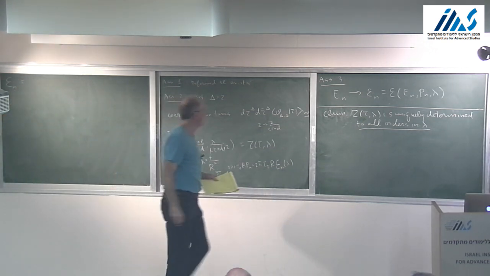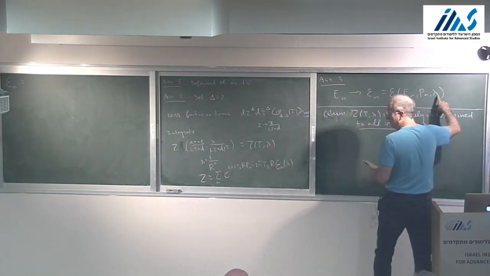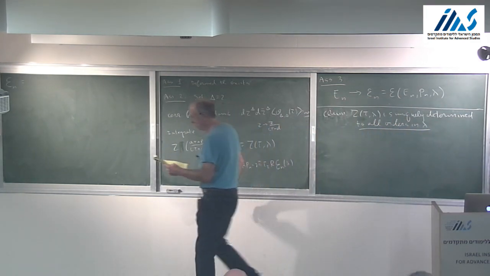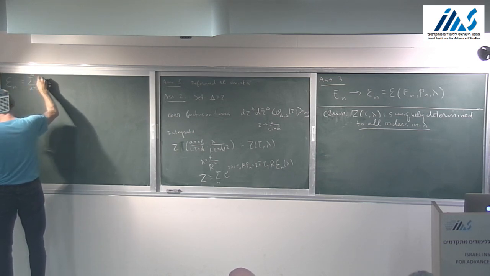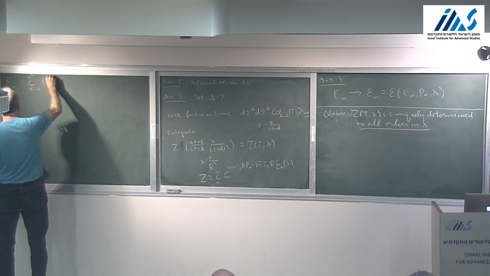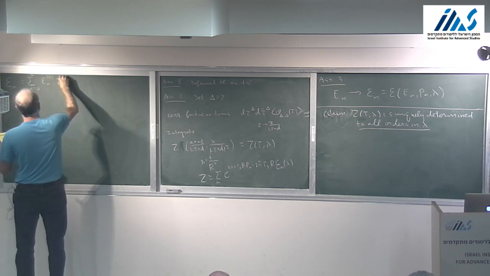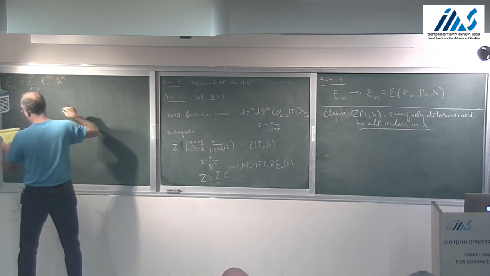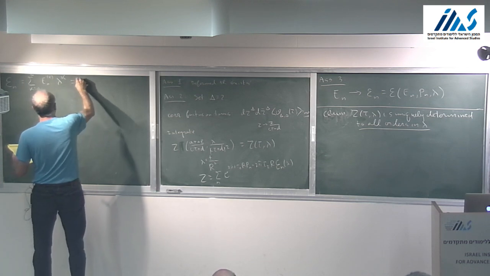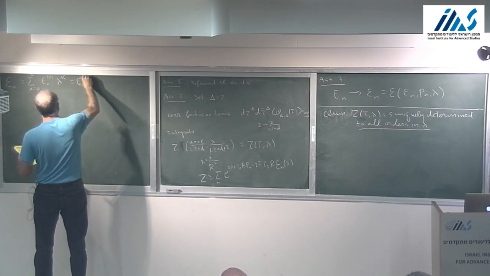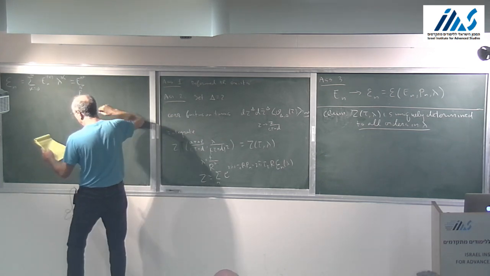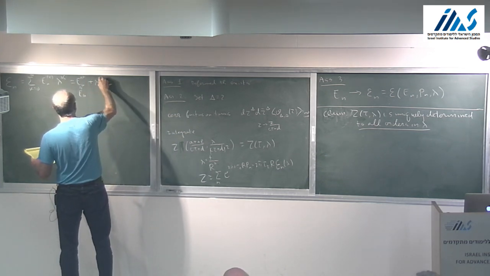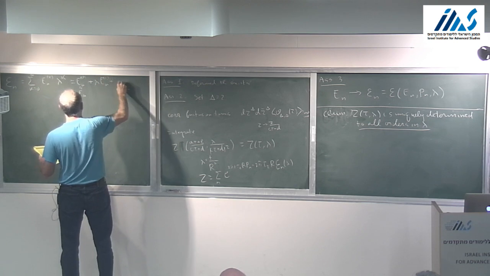I said that they're some function of the coupling lambda, and we're going to expand this function in a power series in lambda. So we'll write things like E_n^k lambda to the power k. These are the things that I called the E_n before, the energies in the CFT. Then there is the first order correction, etc.